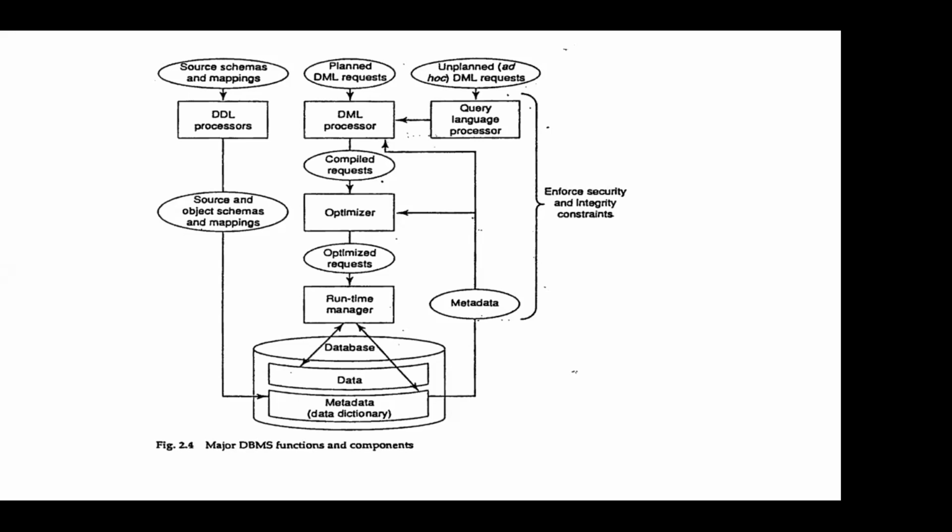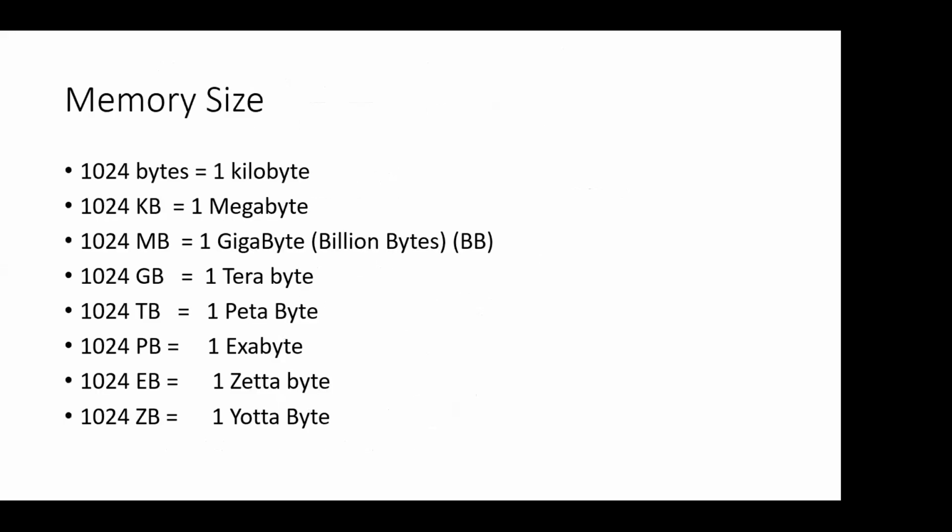Here, memory is represented in terms of bytes, kilobytes, megabytes, gigabytes, terabytes, petabytes, exabytes, zettabytes, yottabytes, so I defined that here. 1 kilobyte equals 1024 bytes. 1 megabyte equals 1024 kilobytes. 1 gigabyte, or we can say billion bytes, or gigantic.